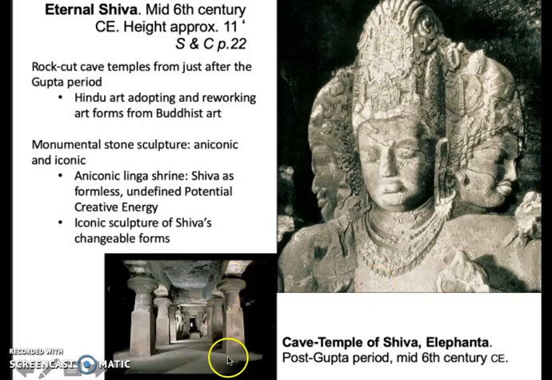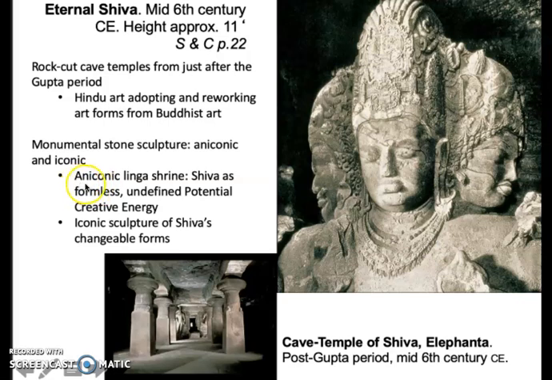So there is a great deal about this rock-cut temple that is reminiscent of the Chaitya Hall. What is particular to its Hindu identity in worshiping Shiva is that we have monumental stone sculpture that makes the god present in the temple.